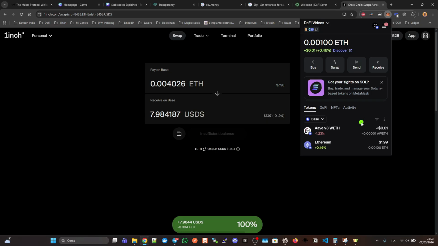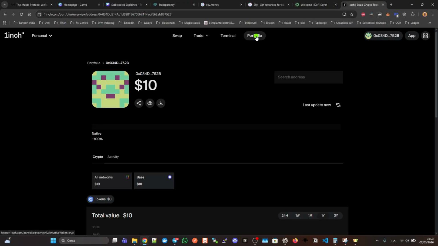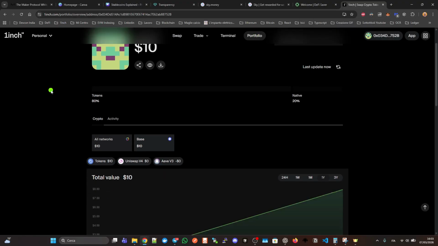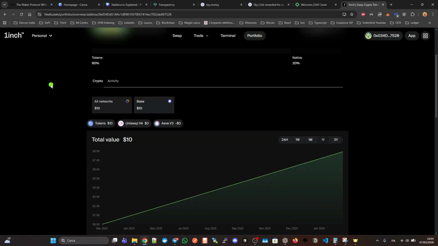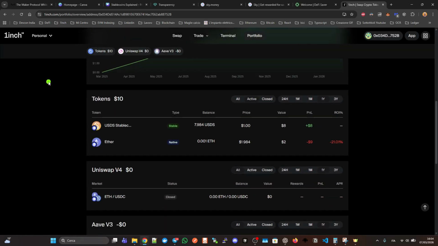Okay, I think we need to import the USDS contract to see it listed here on MetaMask, but we can see here on the portfolio in this part of 1inch that we have an amount of USDS, $8, and another amount of Ether which is $2 on the chain Base.